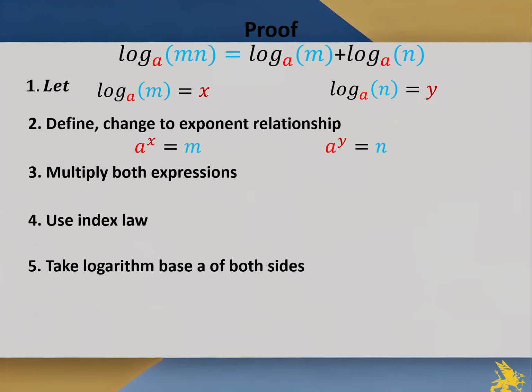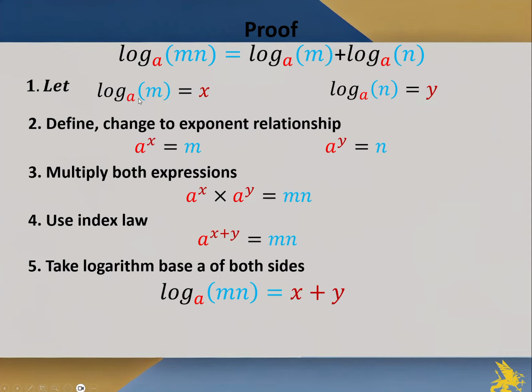Now, if I am going to multiply our expressions, we know a to the power of x times a to the power of y will give us mn. That means we are adding our exponents. So if I go back from this form, we know we've got log base a, mn is equal to x plus y. And our x is log base a m, and our y is log base a n.